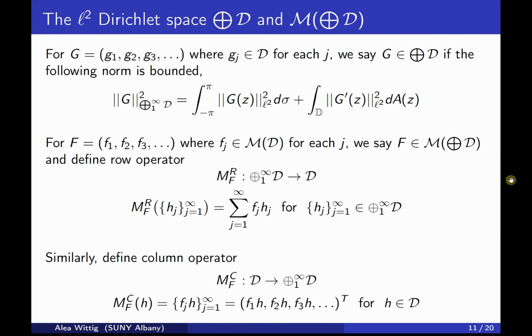Similarly, we define the column operator M_F^C, which is column multiplication on elements of the Dirichlet space and takes them to column vectors in the L2 Dirichlet space.